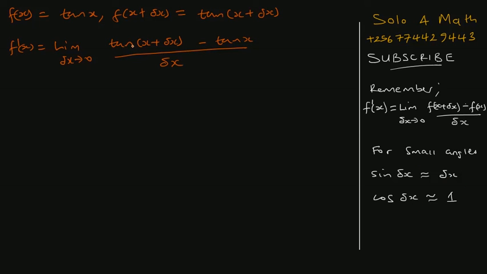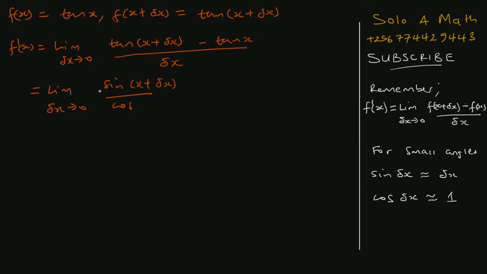So we need to convert this tan in terms of cos and sine. So this will be a limit as dx tends to 0. We know tan is equal to sine over cos, so this will be sine x plus dx over cos.